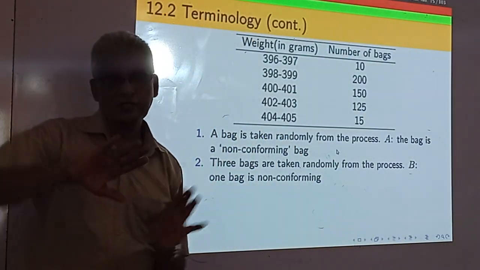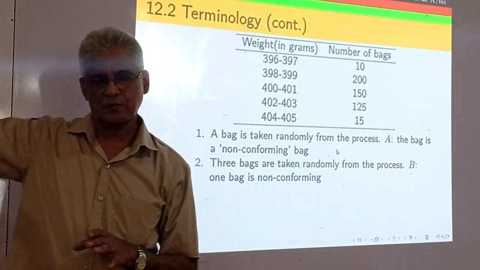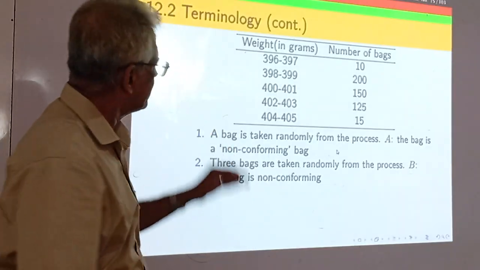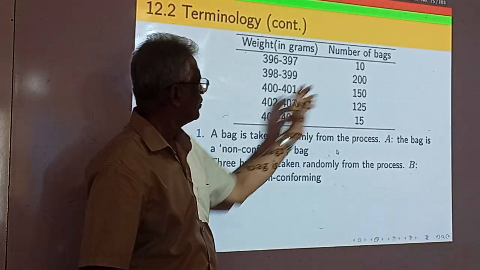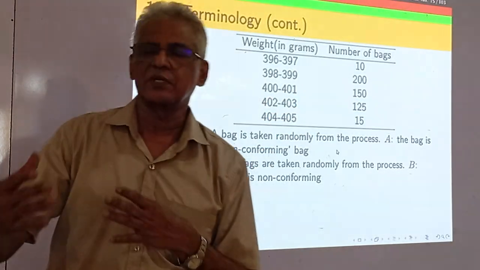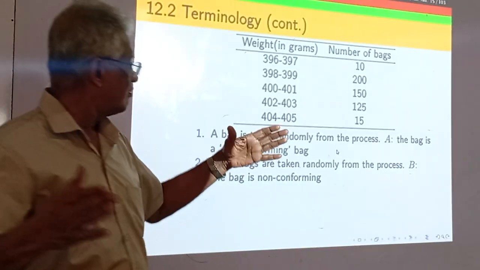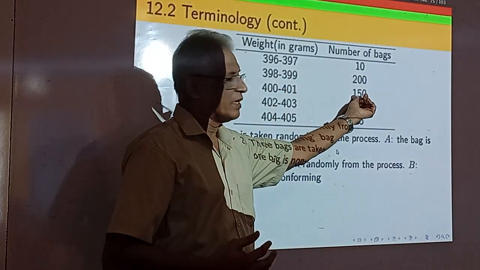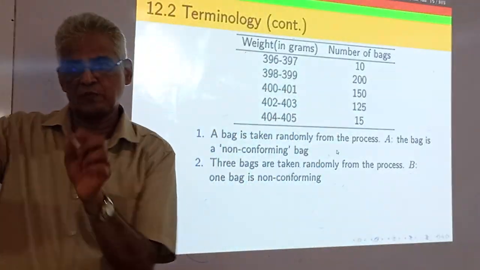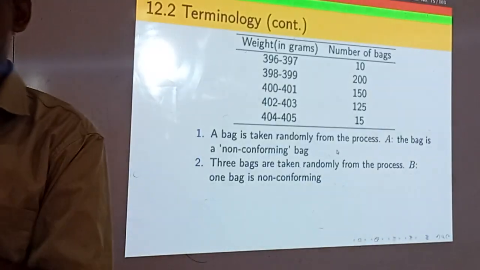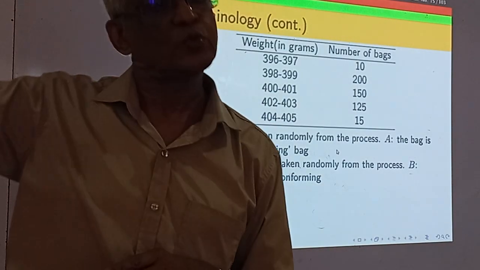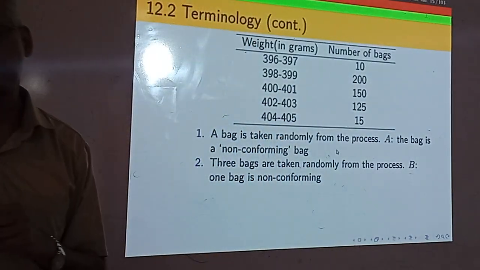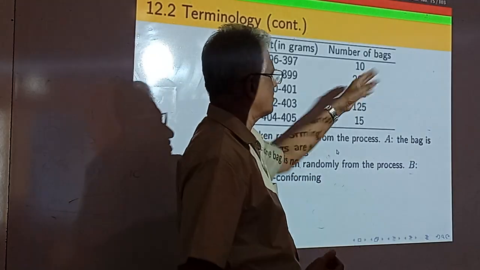So more than 400 is more than 400.5. So that number you will have to get by dividing this interval's frequency by the interval length and then multiplying by the length of whatever interval we want, right? So there will be a small adjustment in this case.